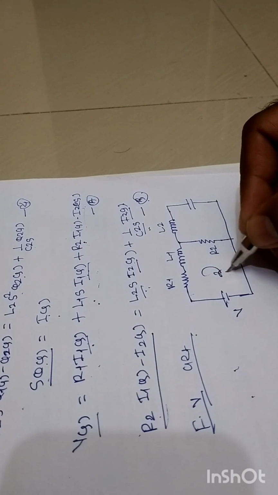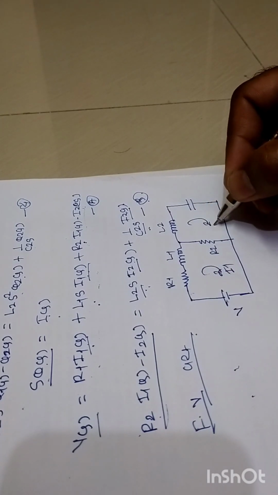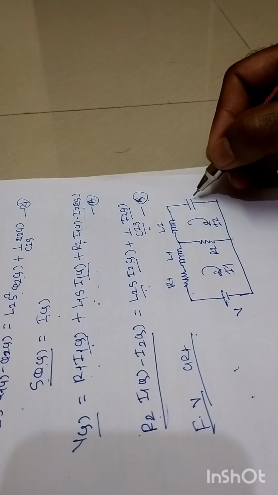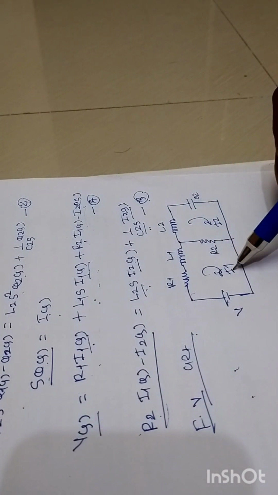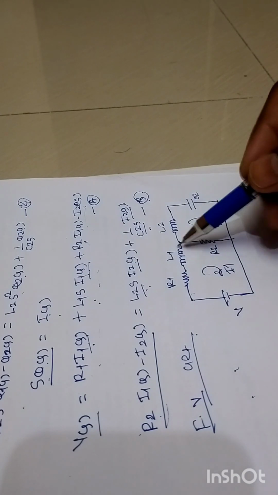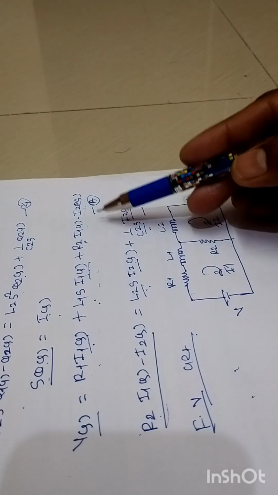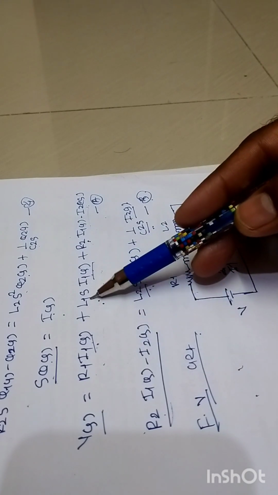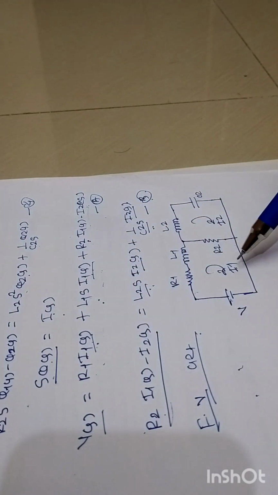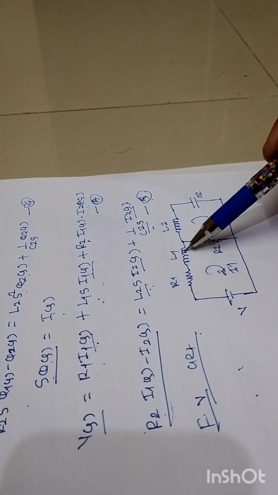This is the first fundamental current I1, and this is the second fundamental current I2, and this is C2. So there will be a circulation of I1 through this R1 and L1 according to equation number A. The coefficient of R1 is I1 and the coefficient of L1 is also I1, means this current flows through R1 and L1.